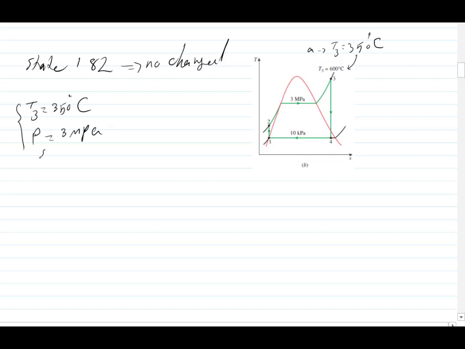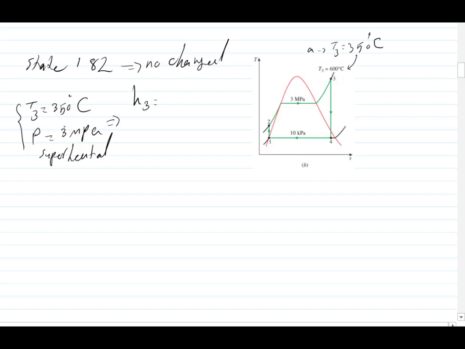And we know this is superheated. So again, we need to go to the thermodynamics table, and for superheated water, find the H for this state according to this characteristic.